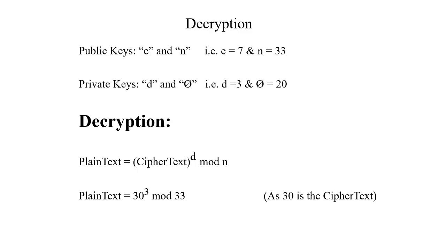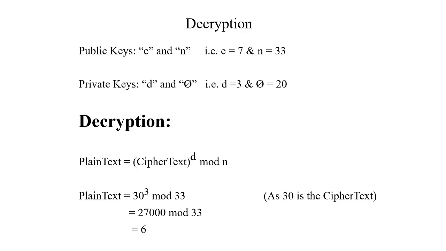So 30 raised to d, that is 3, mod 33. So 30 raised to 3 is 27000 mod 33. So 27000, when this is divided by 33, will return the remainder equal to 6.